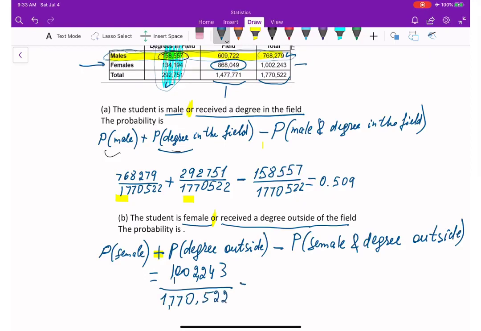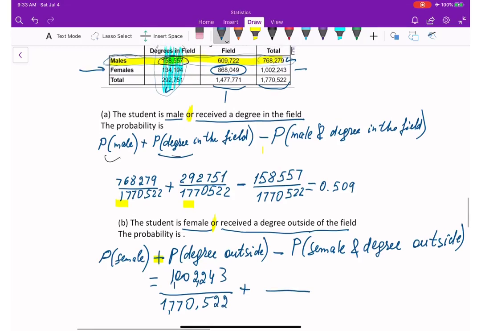Next, plus it's going to be degree outside, which is going to be 1477771, out of 1770522, and minus repetition, the duplicate 868049.